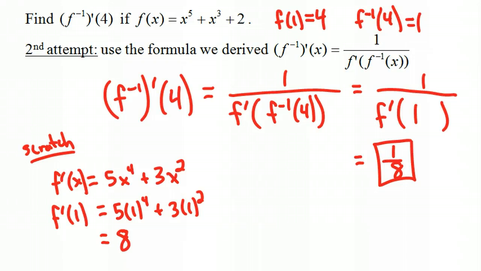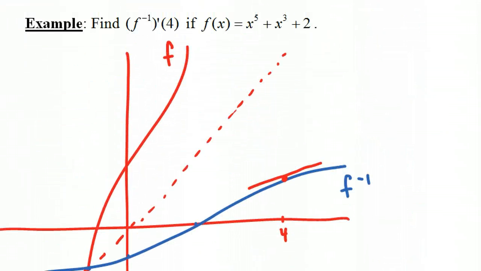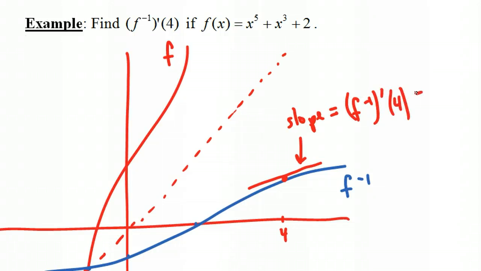Now what does that mean geometrically? Let's go back to our original graph. What was the slope here? The slope is f inverse prime of 4, and we found that that was 1/8. This point is 4 comma 1.